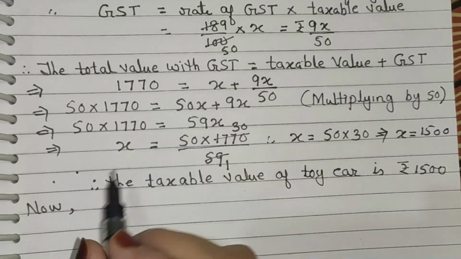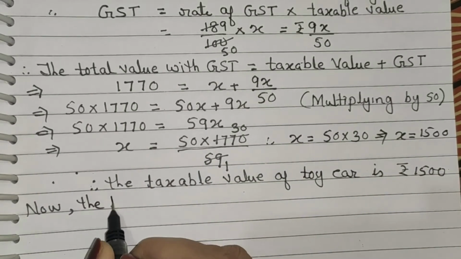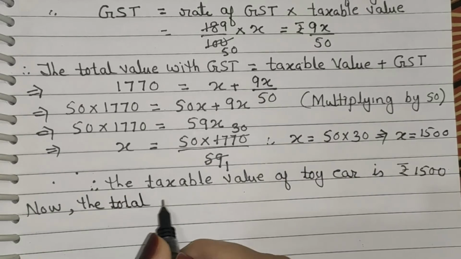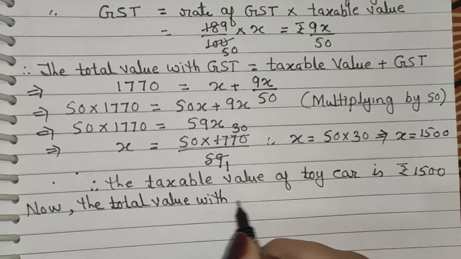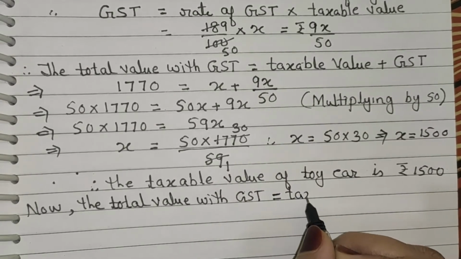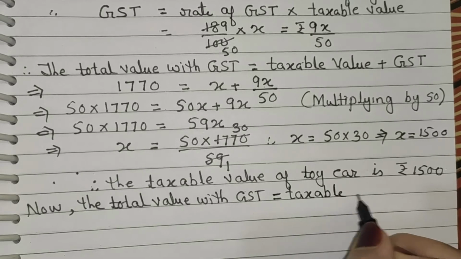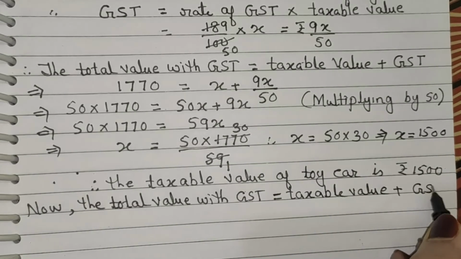Now the total value with GST is equal to, we know that, the total value with GST is equal to taxable value plus GST.